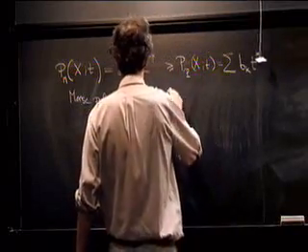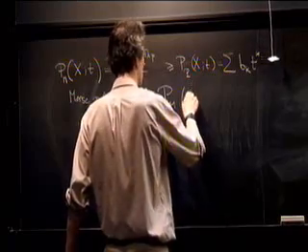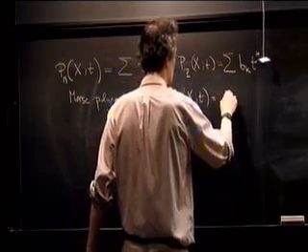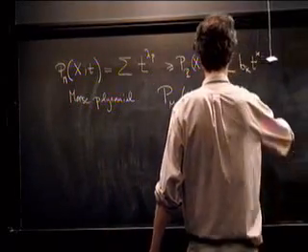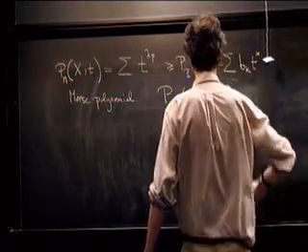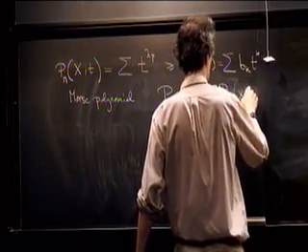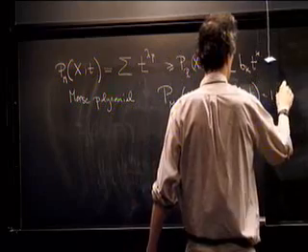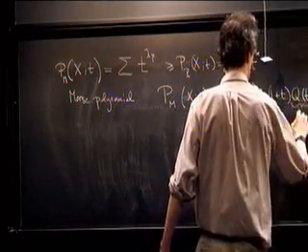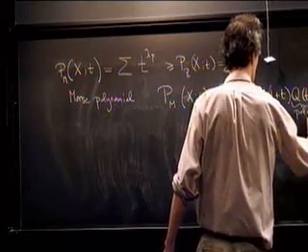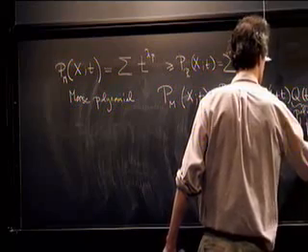In fact, the Morse polynomial minus the Poincaré polynomial is 1 plus t times q of t, where this is a polynomial with positive coefficients.